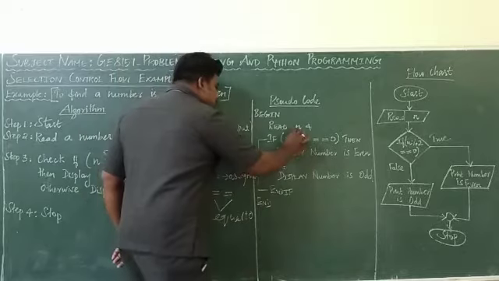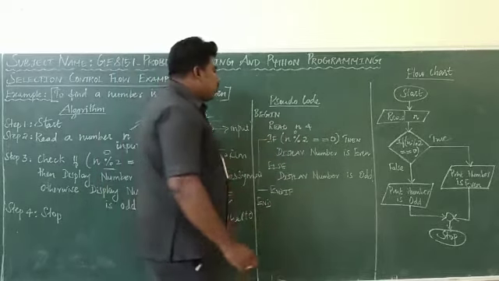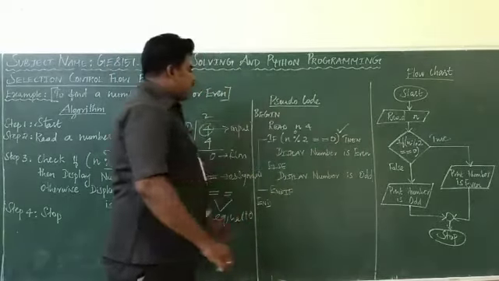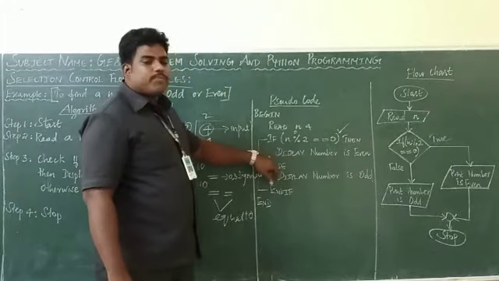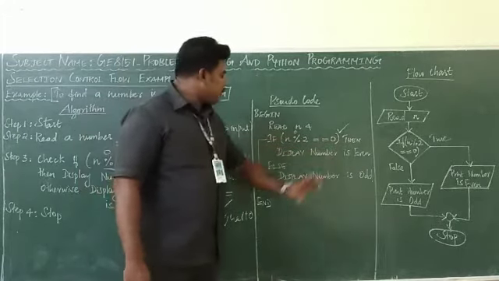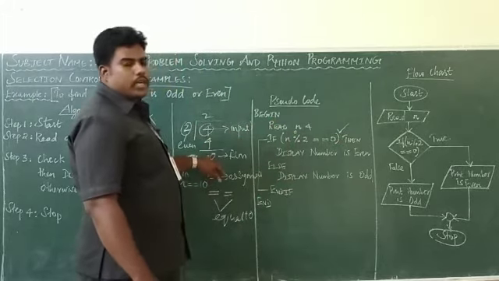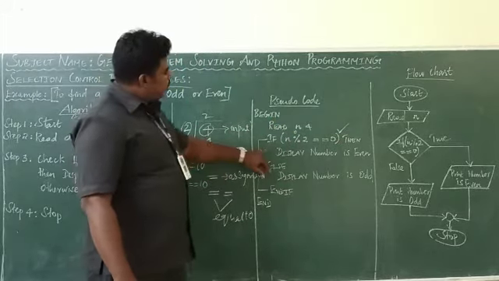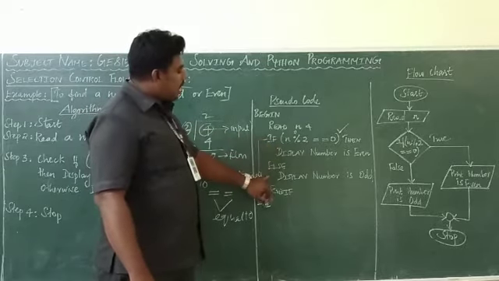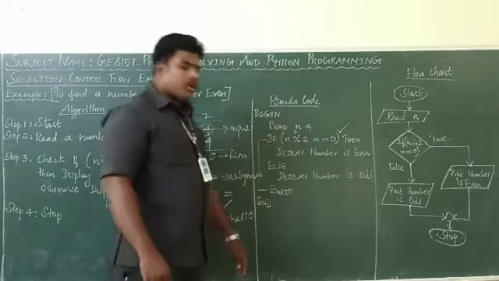The answer is 0. So 0 equal to 0. The condition is true. If the condition is true, display the number is even. Suppose the condition is false, if your remainder is 1 or something else, then display the number is odd.